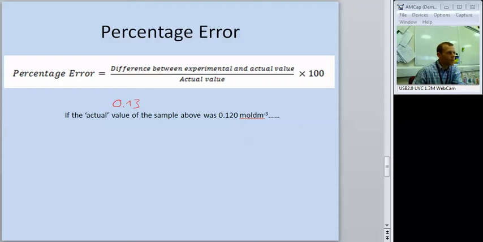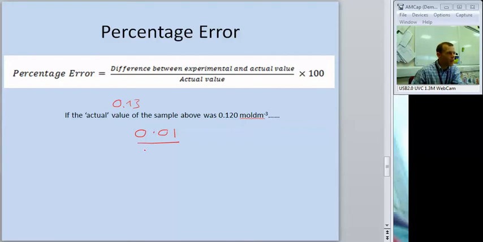Then the difference between experimental and actual value, well that's 0.01, divided by the actual value, which is 0.12, as a percentage is 8.3%. So that's your percentage error.